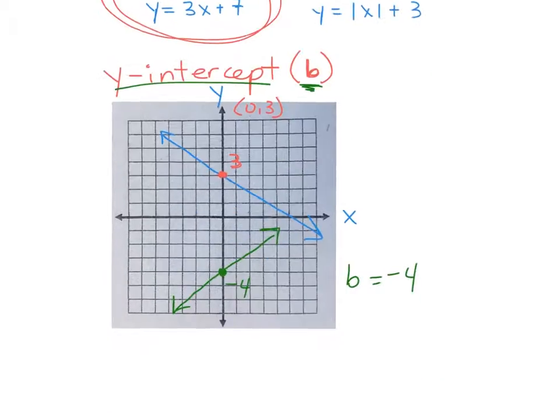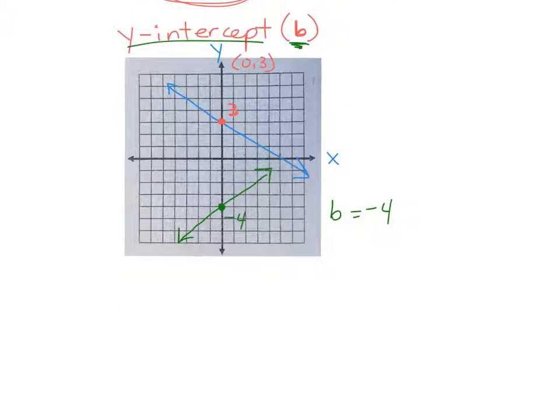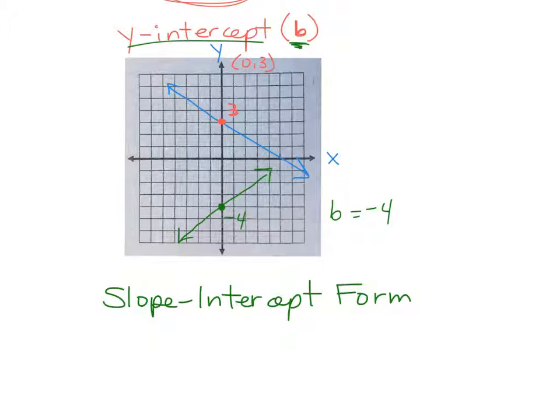What we're going to do is we're going to be putting things into what's called slope-intercept form. And this is probably the most common form of an equation of a line. And it always looks pretty much the same.